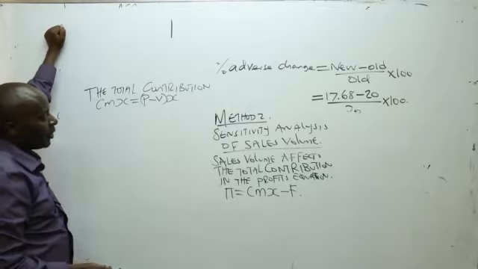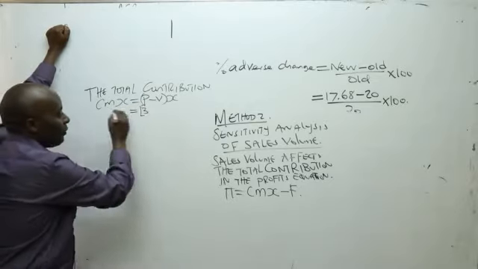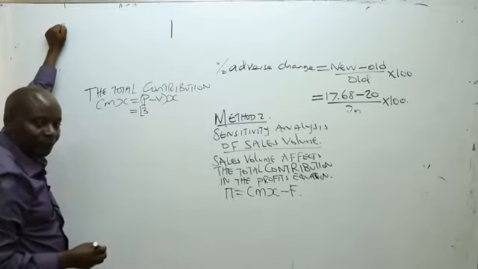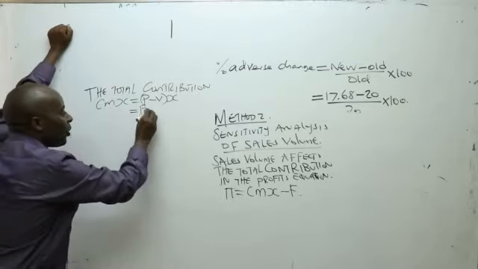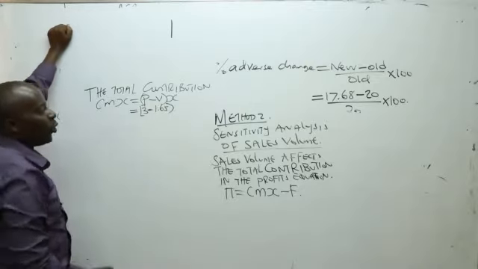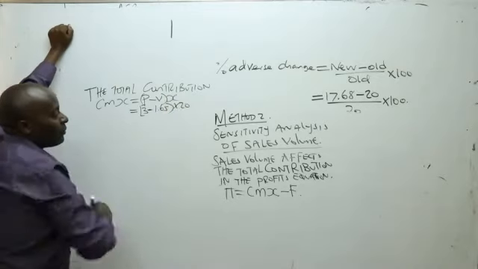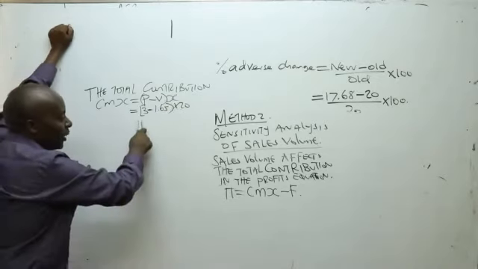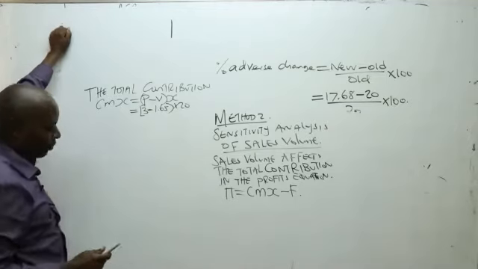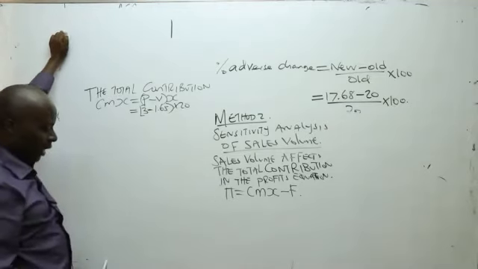Right? So have they given us the selling price? Oh yes, they gave us a figure of 3. Do we have a variable cost? Yes, they gave us a figure of 1.65. Do we have the number of units yet to be sold? Oh yes, we have 20 there. So could you kindly give me the total contribution, you great students of mine: 3 minus 1.65, times 20.